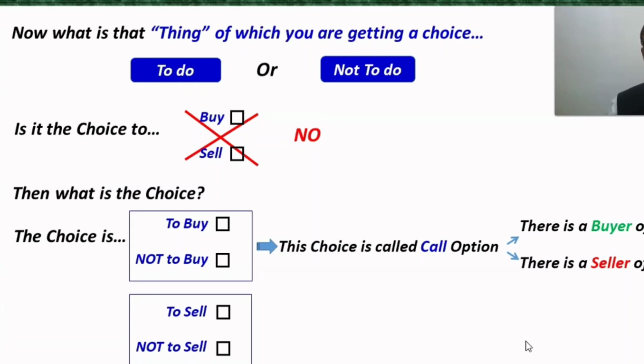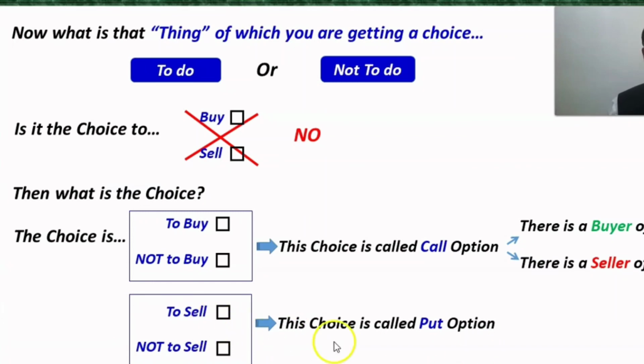All right. And similarly, if the choice is between selling a thing or not selling a thing, that choice is called a put option. When you talk of put option, that means that is a choice of selling a thing or not selling a thing.